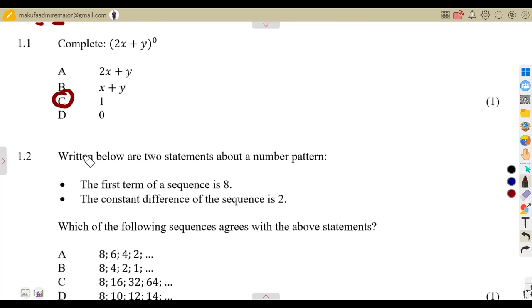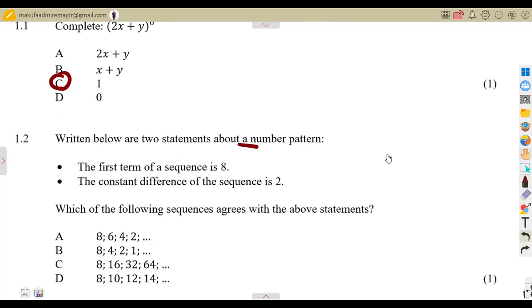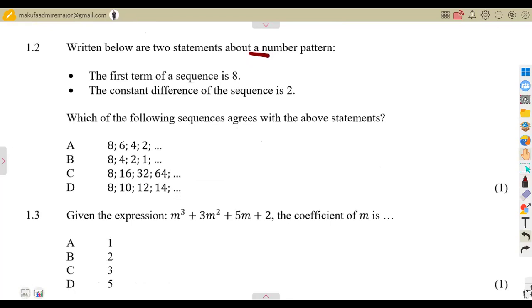1.2, written below are 2 statements about a number pattern. So these are statements that we are given. Okay, let's consider the statements. The first statement is that the first term of a sequence is 8. The second is that the constant difference of the sequence is 2.